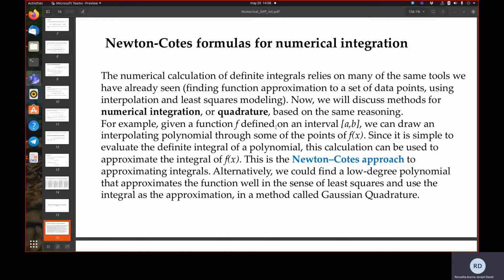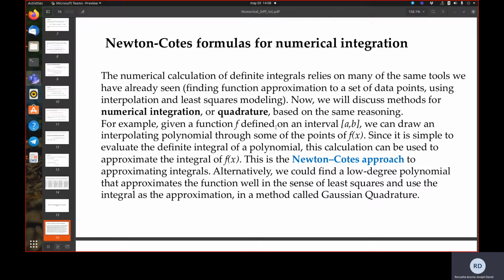We also used least squares modeling to fit a model to given data. So we have alternatives, and once we have the interpolation polynomial or the splines, we can integrate, which is just the area below the curve.